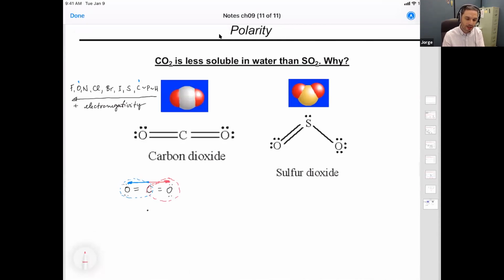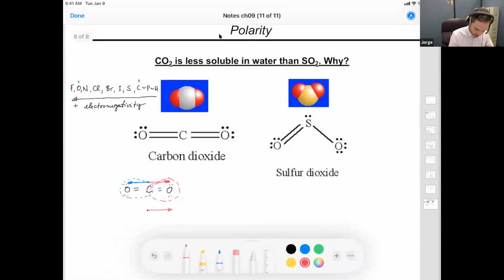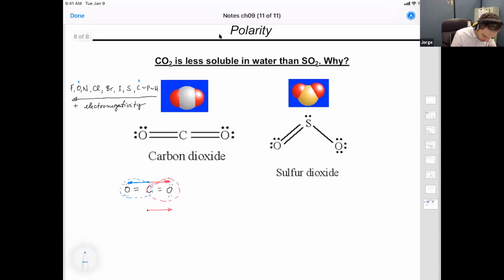Okay, so with that, we determine the polarity of each chemical bond. The overall polarity is going to be the sum of all the individual vectors. Okay, and the intensity of the vector is also proportional to the electronegativity difference.